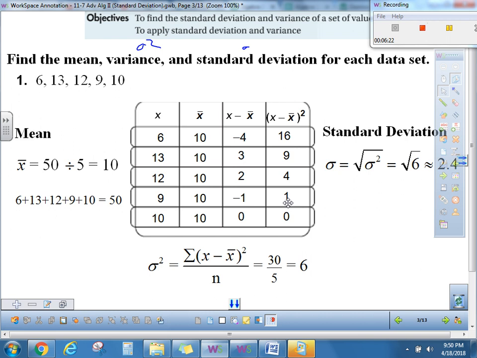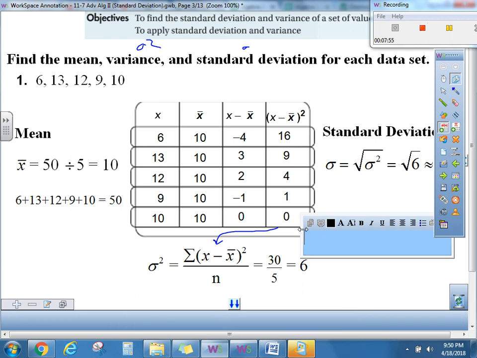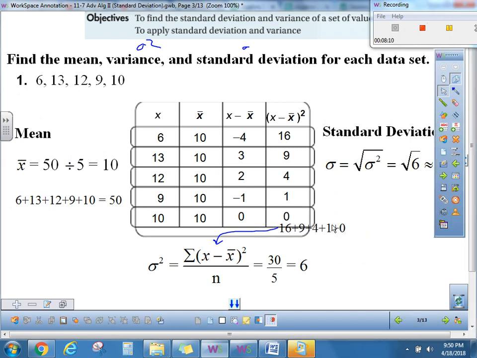Okay, so let's see if I can write that in. Right here, I'm going to type in what we're adding together. So we're going to add together 16 plus 9 plus 4 plus 1 plus 0. There we go. That's what's going right there. And I'll drag it over to where I put my arrow.